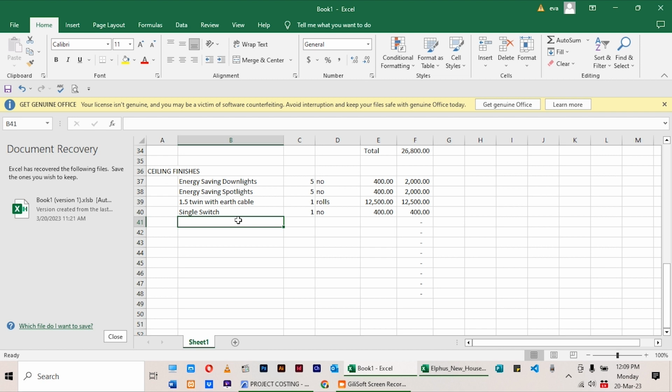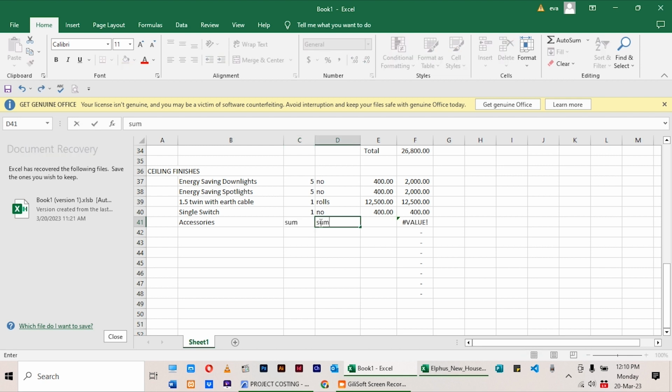From here, you need accessories. When you talk of accessories, we are talking of cable trenching. You need to cut the wall so that you can put your pipes inside. You need conduit, tapes, screws, and in these cases we need just a lump sum. So do a lump sum. Oh, sorry, I'm doing it in the wrong place. A lump sum. Here we can do 3,000 shillings, not much.